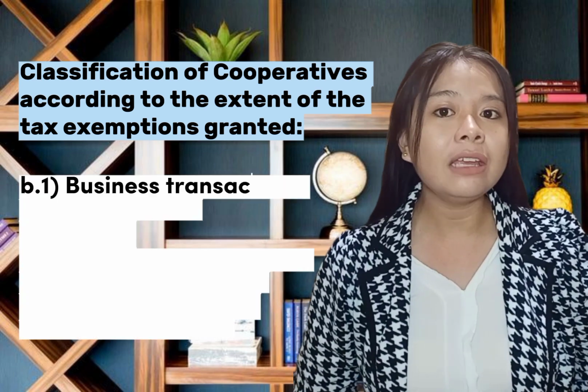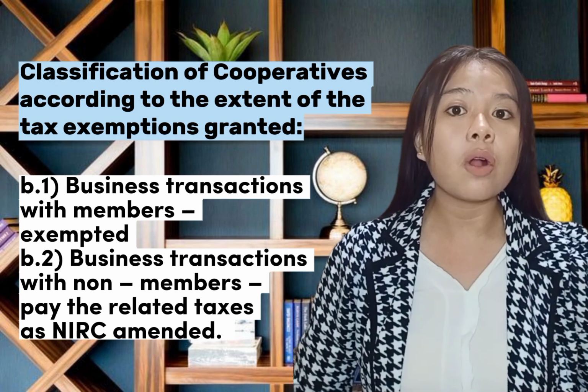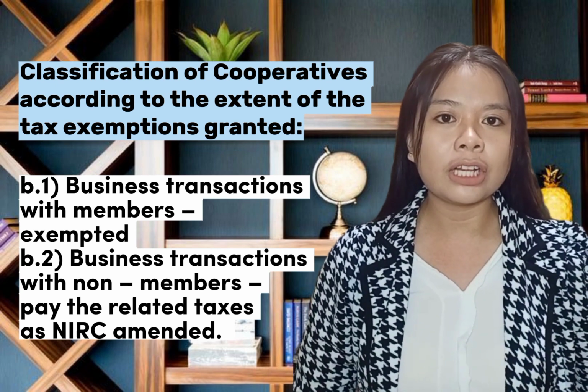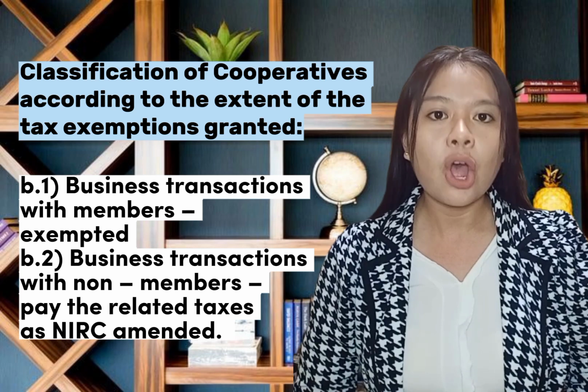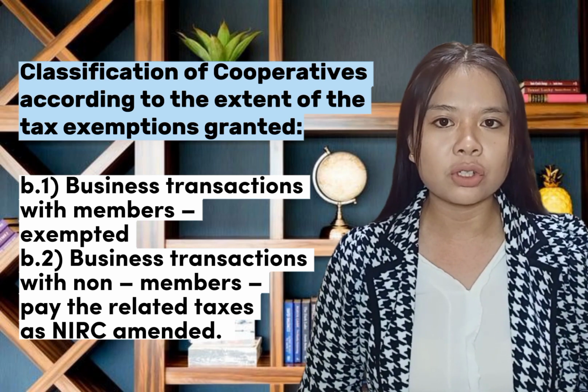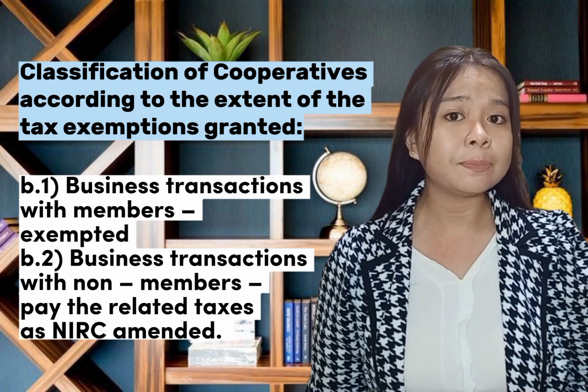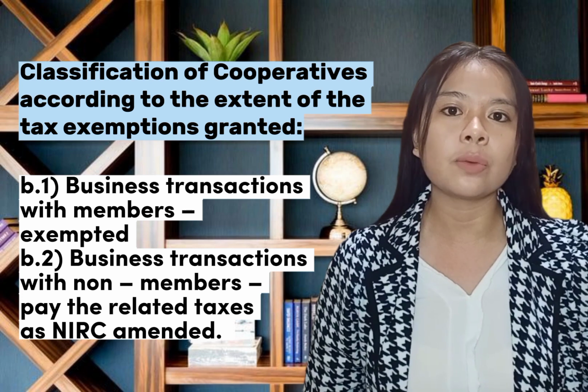And then letter B, number 1, business transactions with members. So they are also exempted from all national internal revenue taxes for which it is liable as enumerated in Section 7 of the mentioned joint rules and regulations. The next one is business transactions with non-members.